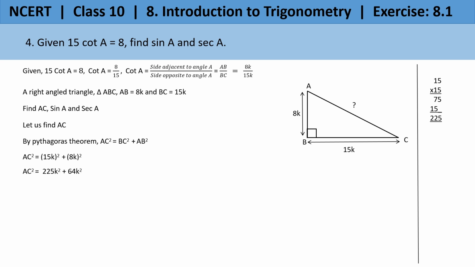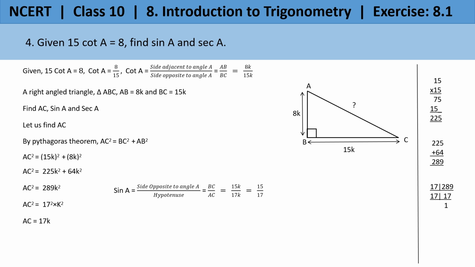AC square is equal to 225k square plus 64k square. 225 plus 64 is 289. AC square is equal to 289k square. AC square is equal to 17 square multiplied by k square. Let us take square root on both sides of the equation. AC is equal to 17k.